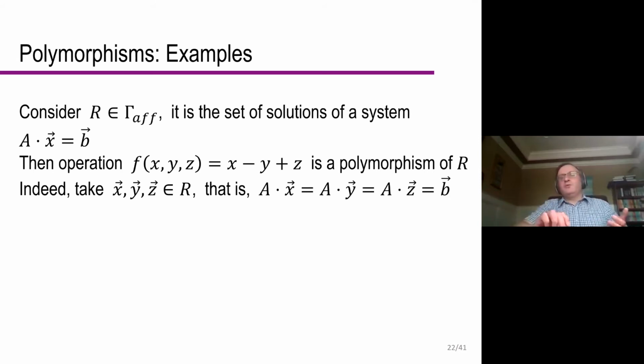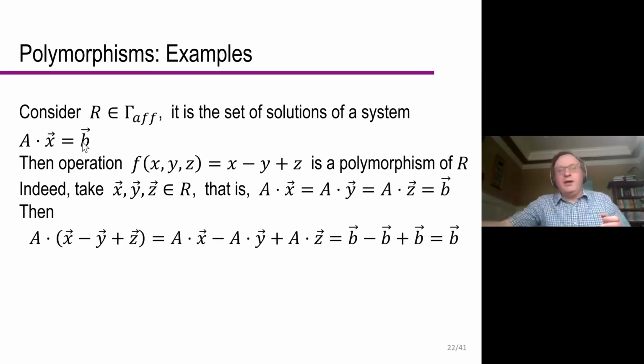Now, what do I need to verify? I need to verify that if I apply f to x, y, z, then again I get some tuple, and this tuple must satisfy the system of linear equations as well. How do I do that? In a very simple way. I compute f of x, y, z, multiply by the matrix, and check if I get b in the end or not.